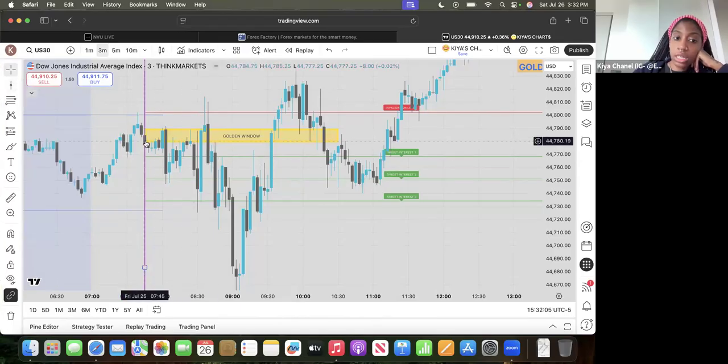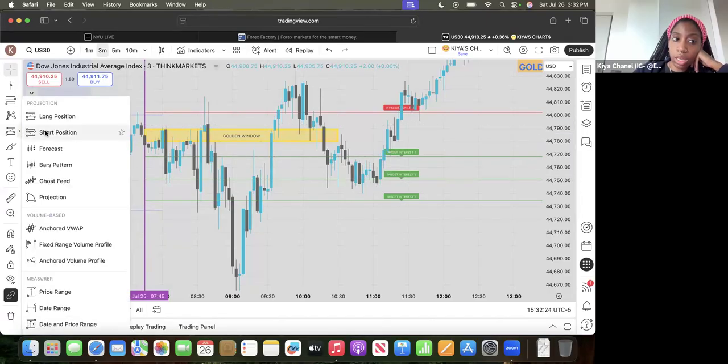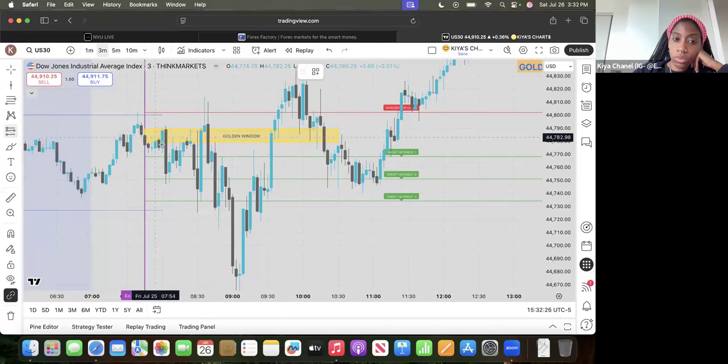Since we see that once this 3 minute candle closed at the beginning of the golden window, it hit target 1 and it also hit target 2. So take profit 1 and take profit 2. Easy money, right?